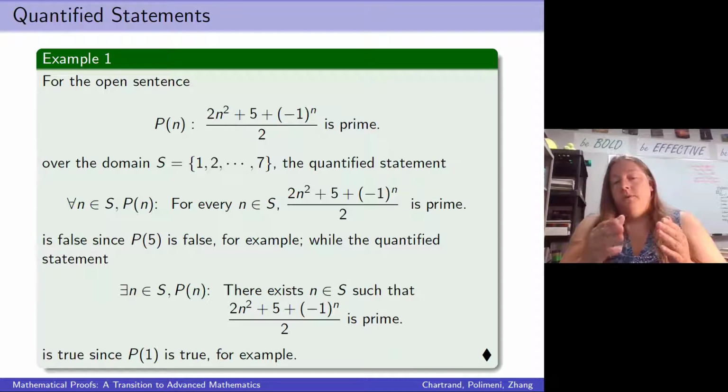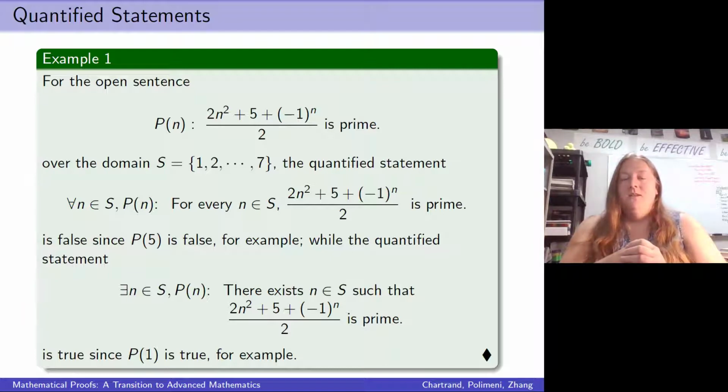If we go through and start checking, this works for several of the values, and we get to P of 5. When we plug 5 in, 5 squared is 25. We get 50 plus 5, 55. Then we take -1 to the 5th, and that gives us -1.